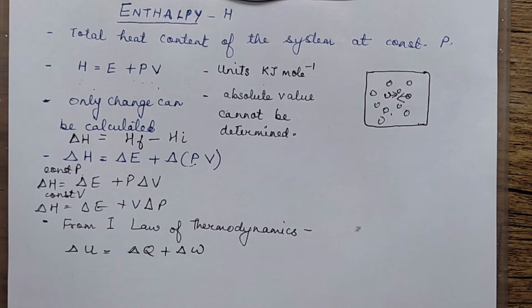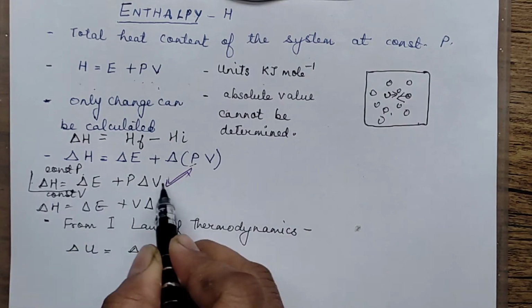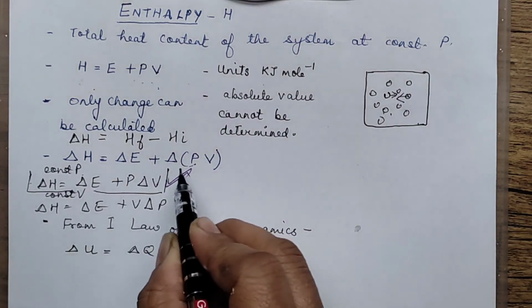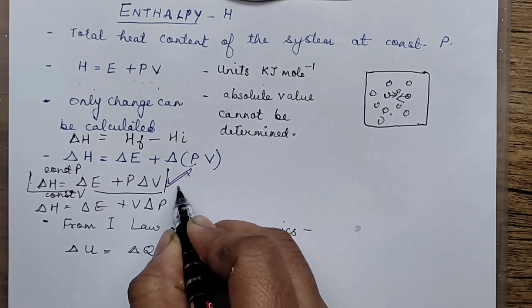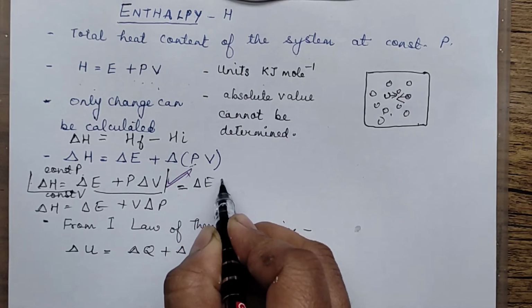But one thing you need to keep in mind is that most of the reactions occur at constant pressure. So this is the formula normally we will be talking about: delta H is equal to delta E plus P delta V. In case you find that both pressure and volume are changing, then you will write the formula in both-change form.